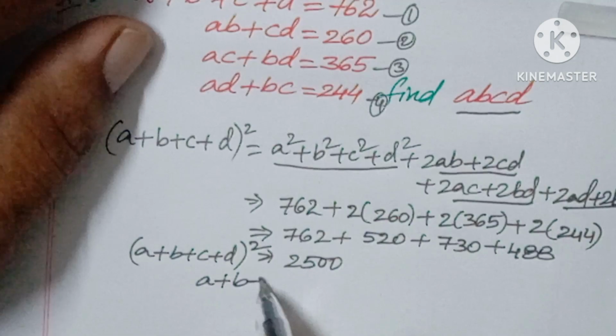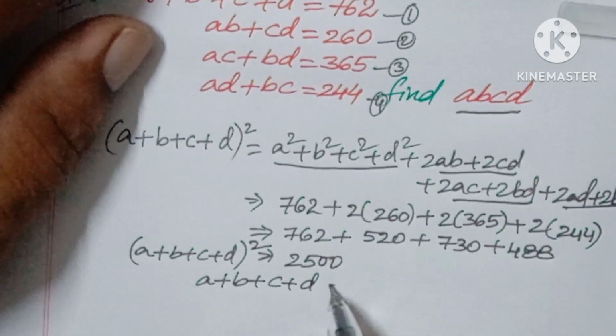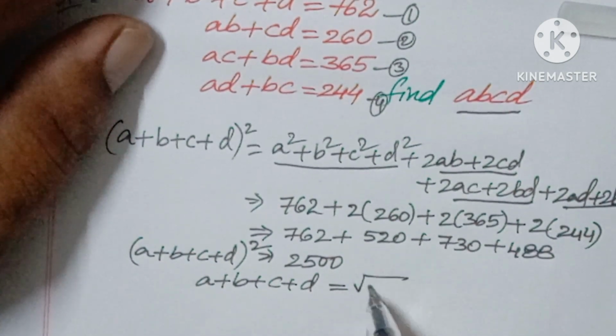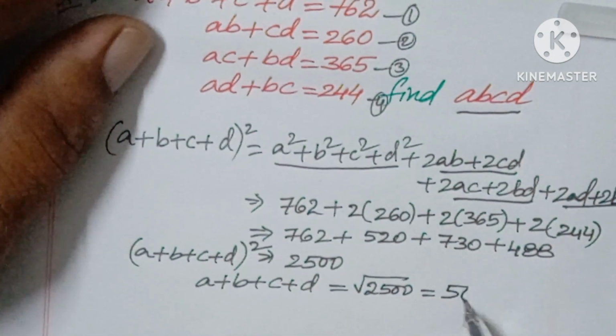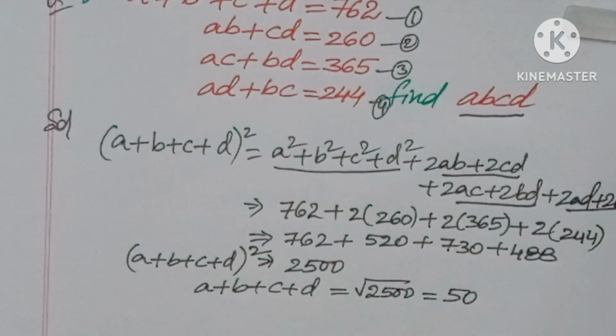So a plus b plus c plus d is equal to square root of 2500, that is 50. We are taking only positive numbers.